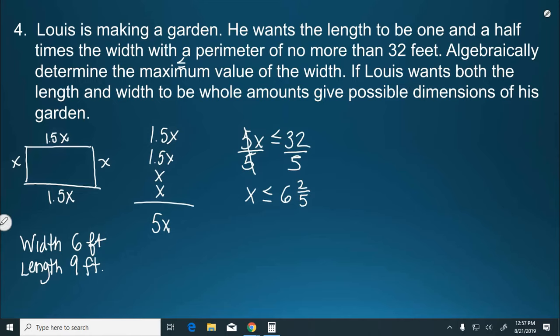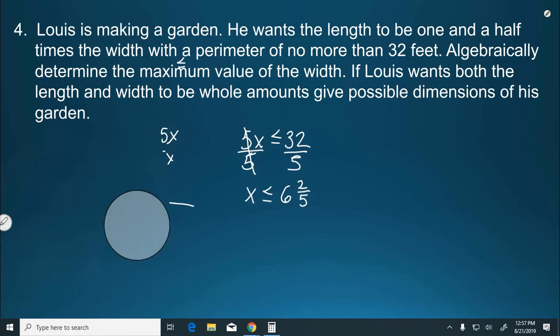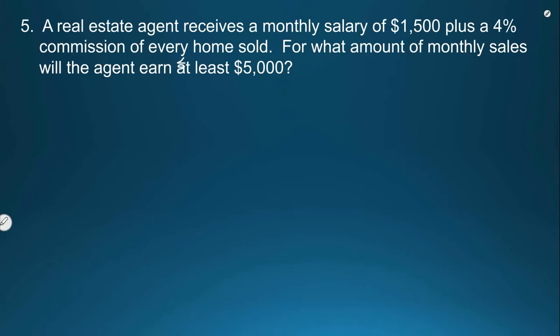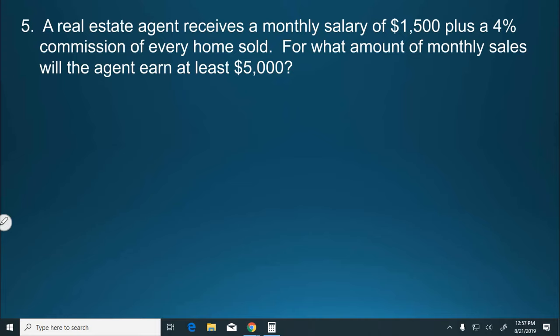All right. Let's see if we've got more for you before you're on your own. Yep, I've got one more to try with you. So now a real estate agent receives a monthly salary of $1,500 plus a 4% commission on every home sold. For what amount of monthly sales will the agent earn at least $5,000?